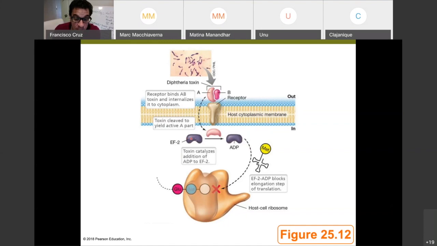Elongation factor 2 is a protein that functions to escort transfer RNA into the A site during translation. The A subunit of diphtheria toxin adds an ADP to EF2, and that inactivates elongation factor 2. In this inactivated state, EF2 cannot escort transfer RNA into the A site during translation. So you block translation. That's how this thing hurts you. Any questions on this?